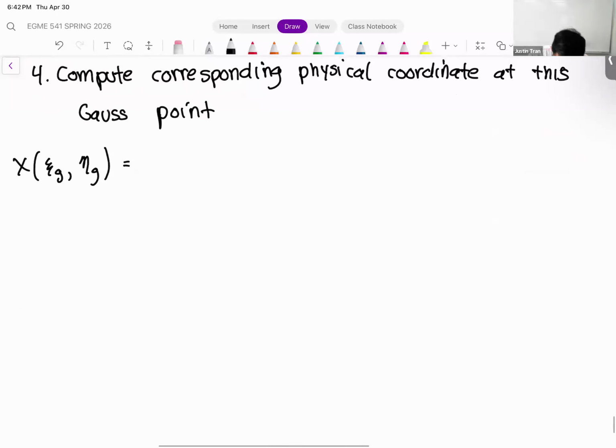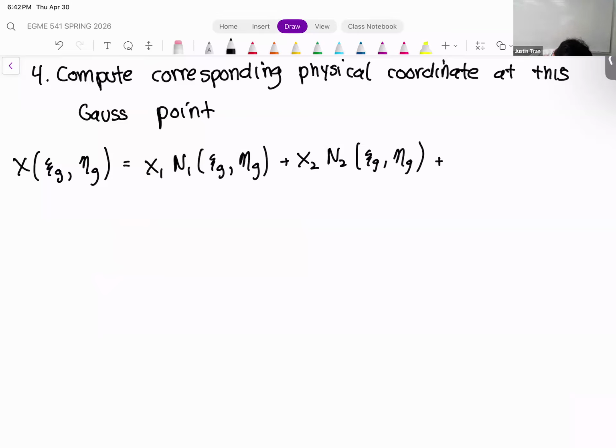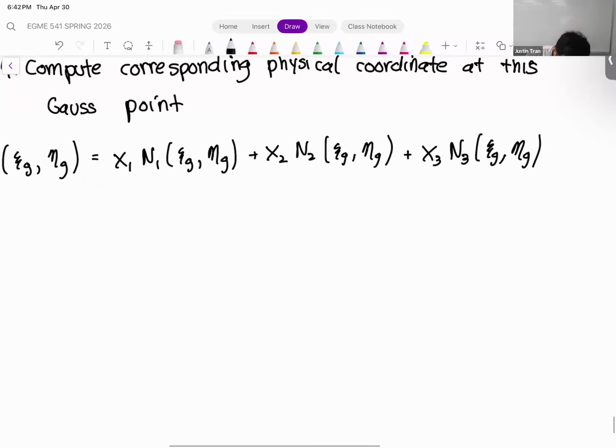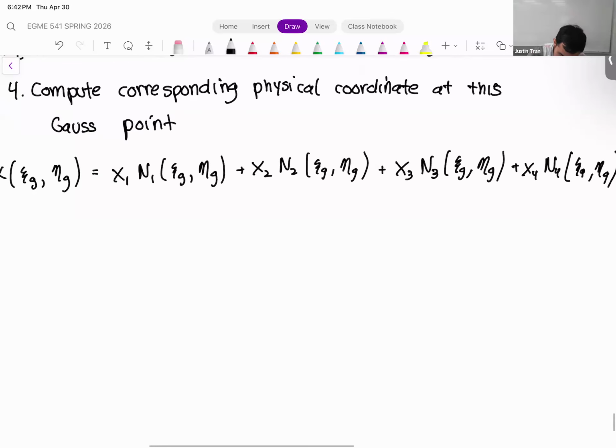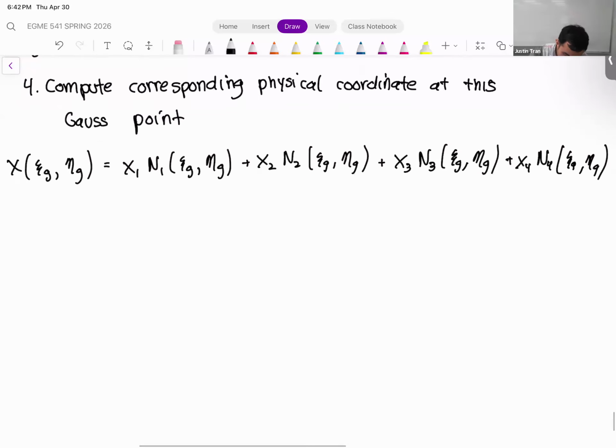To put it plainly, this is x1 n1(epsilon g, eta g) plus x2 n2(epsilon g, eta g) plus x3 n3(epsilon g, eta g) plus x4 n4(epsilon g, eta g), where each of these shape functions, n1, n2, n3, n4, we've already computed in step 2.